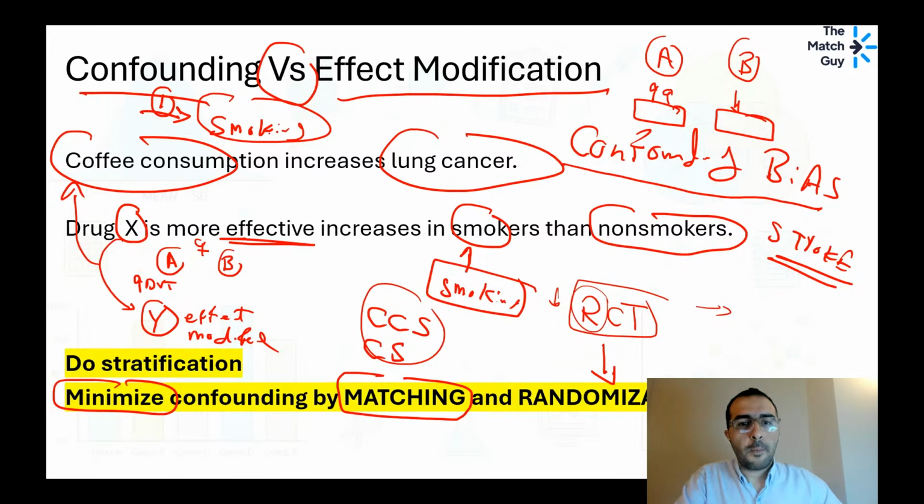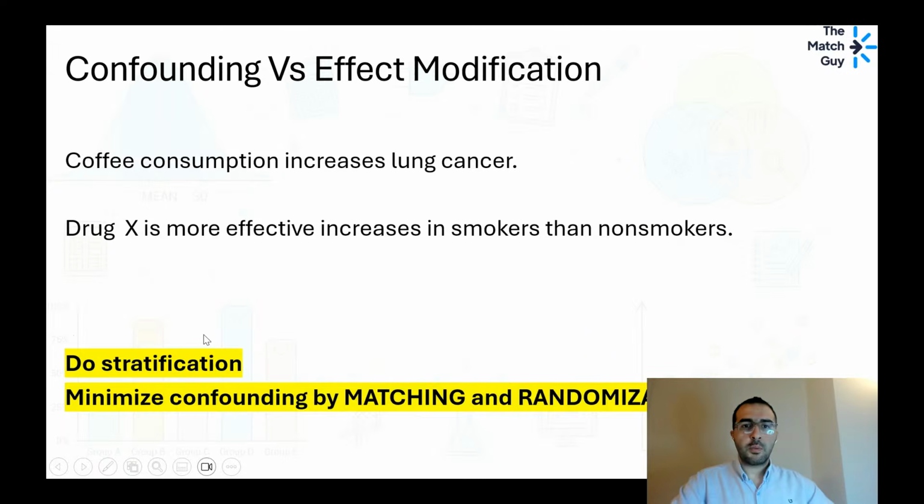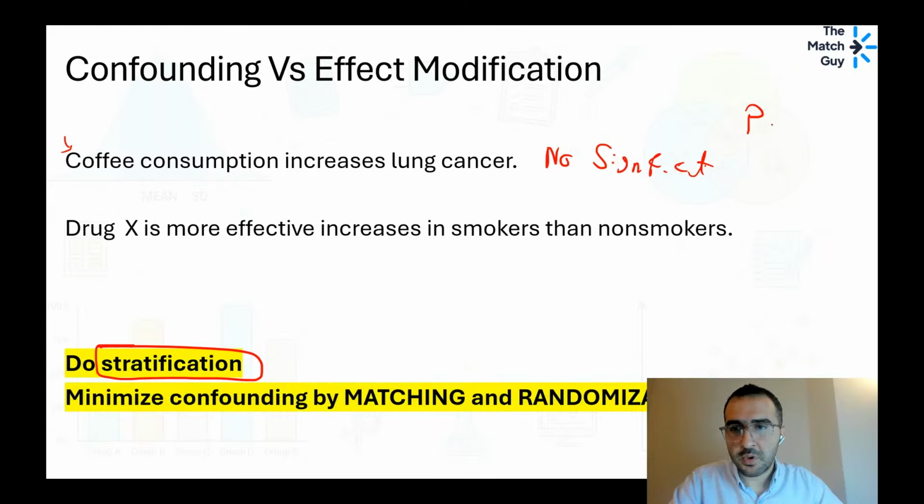All right. So in the exam, I'm going to ask you how to differentiate between confounding bias vs effect modification, and the answer is do stratification. So when you do stratification in confounding bias, which is example A here, there is no significant finding. Like you can see that in both groups, the p-value is more than 0.05, which is considered non-significant.